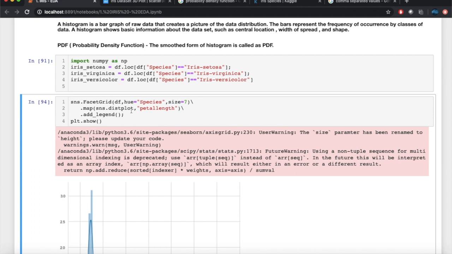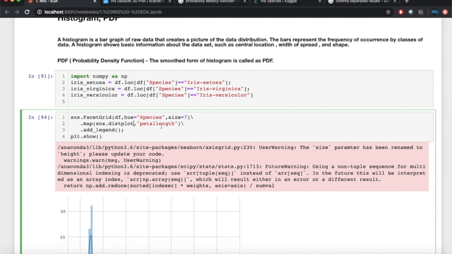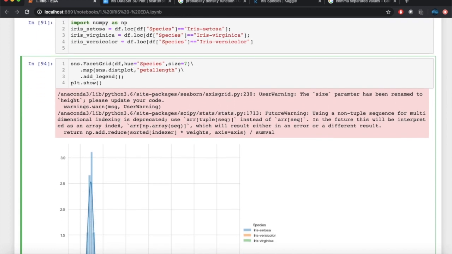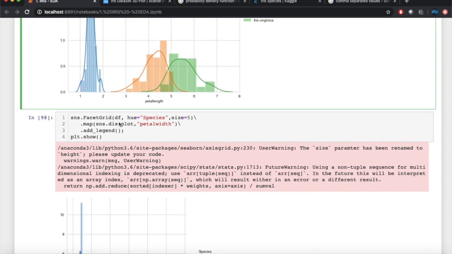So basically, using seaborn we can plot the PDF and histogram with a simple function, sns distplot, and what we have to plot is petal length, add legend, and using matplotlib we have plotted a histogram and PDF.